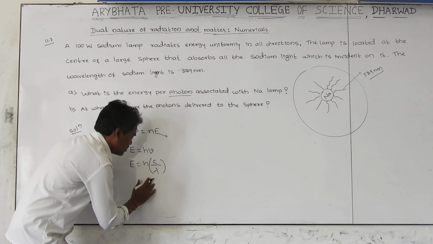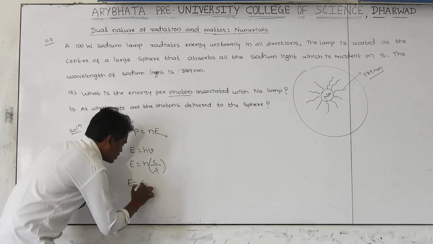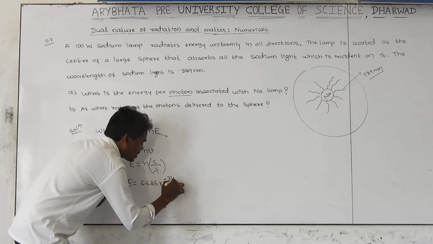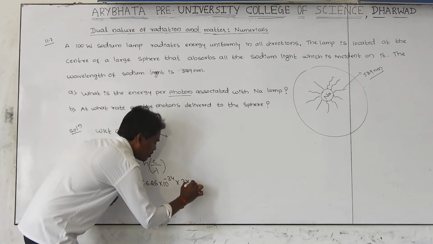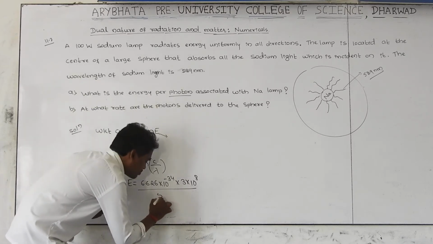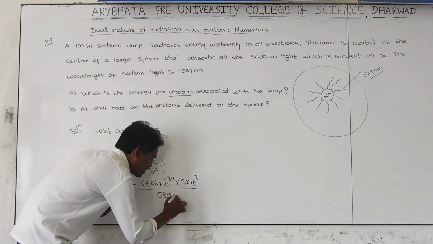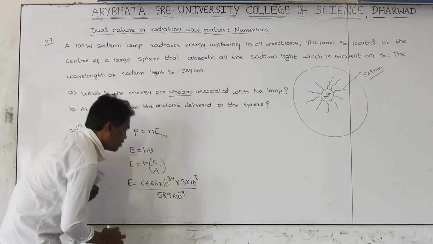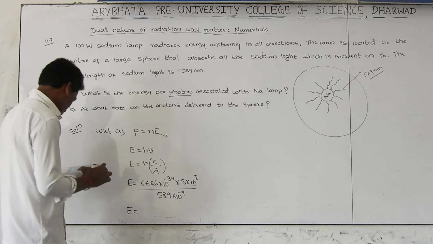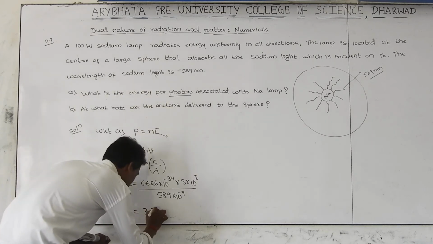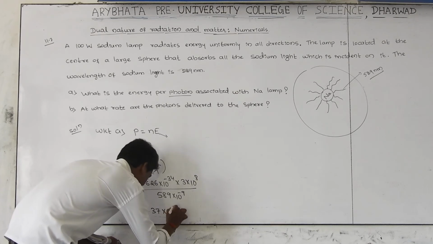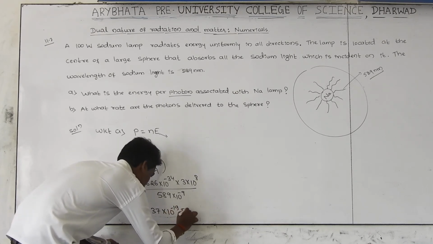E is equal to 6.626 into 10 to the power of minus 34 joule second into 3 into 10 to the power of 8 divided by the lambda value he has given, that is 589 nanometer, that is 10 to the power of minus 9. You can calculate the energy of one radiation, that becomes 3.37 into 10 to the power of minus 19 joule.